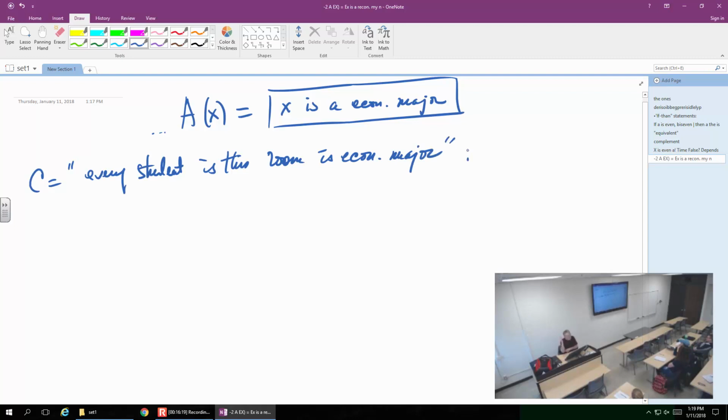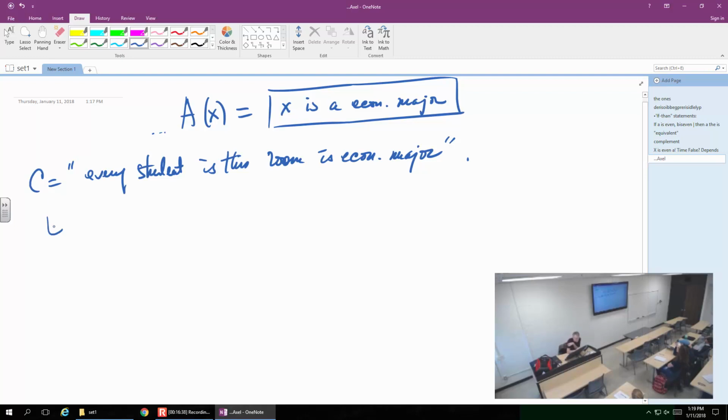Okay, so let's see. As you can see, C is not parameter dependent. It is an absolute statement about every student in the room. So there is no dependency. It does not depend on anything. It is what it is.